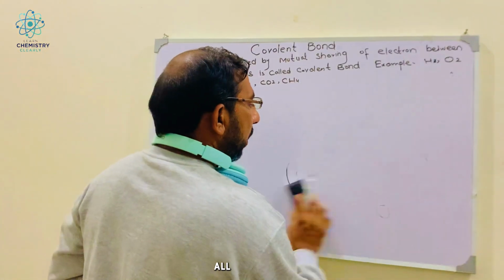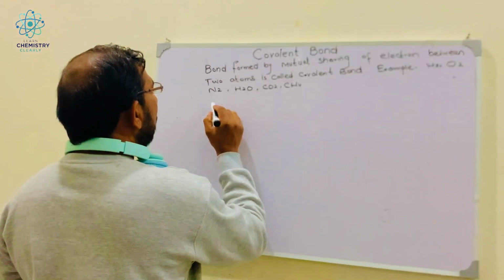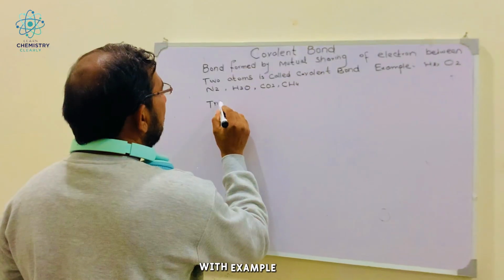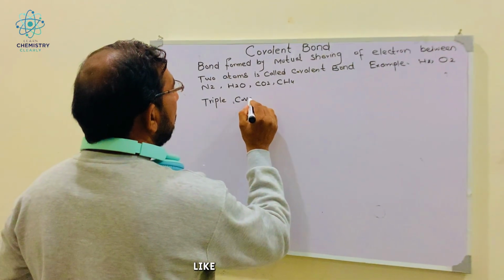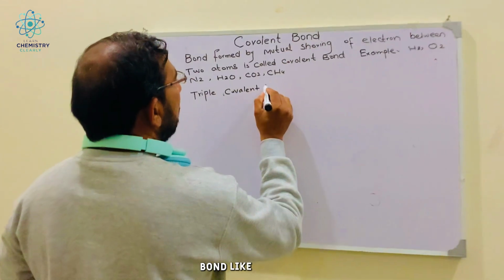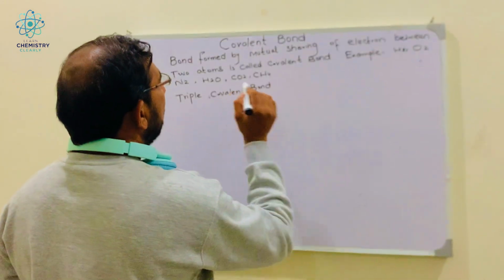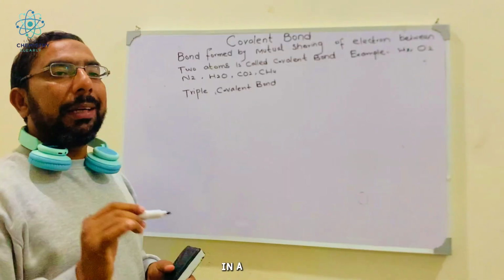And first of all, we will have to explain it with example. Triple covalent bond, like single covalent bond, like double covalent bond, we can define the triple covalent bond in a very simple way.